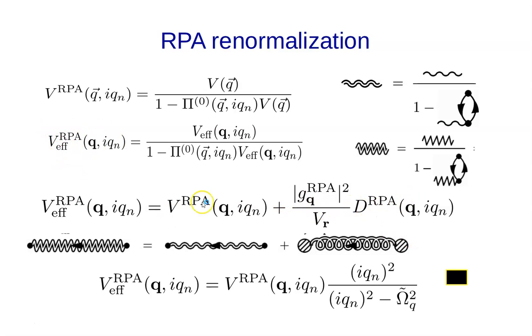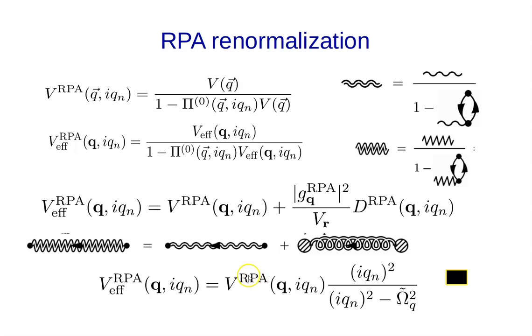And we're going to calculate this and show that this effective electron-electron interaction in the RPA approximation has a rather simple form.